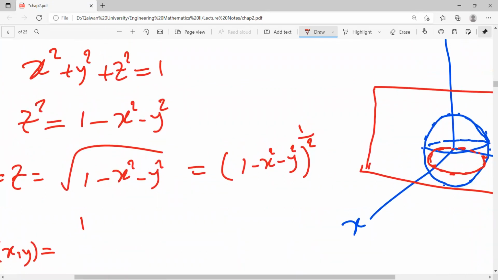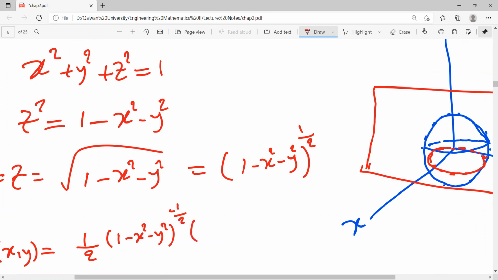So there is 1/2 of the bracket, 1 minus x squared minus y squared, but we reduce the exponent by 1. It's 1/2 minus 1, which is minus 1/2.